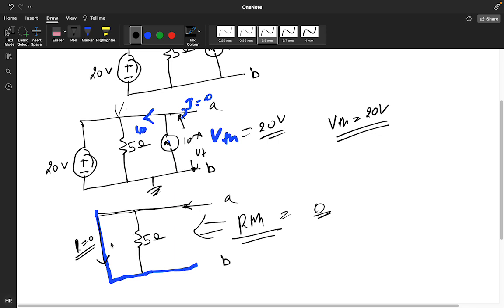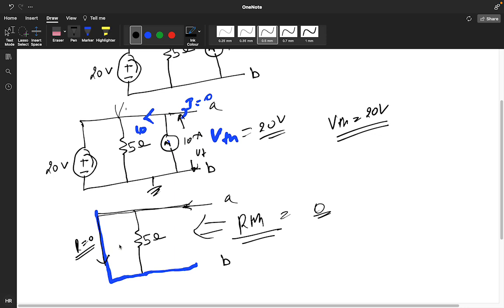And even if you multiply, just give me a second, guys. So what I am telling is, you have an R value of 0 and this is your 5 ohm.